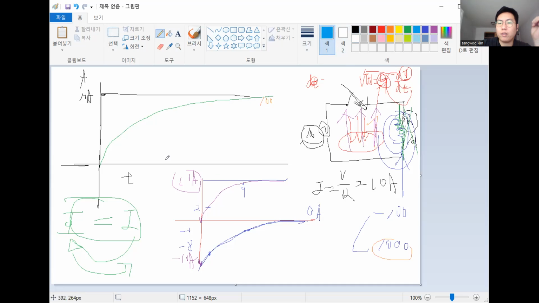It needs more time, more suppressing power, more prevention of the sudden change of current. That is what we call tau, L over R. It shows how fast the inertia disappears.